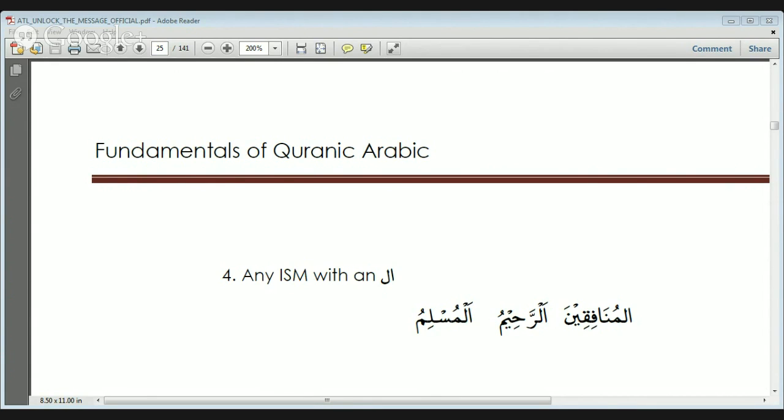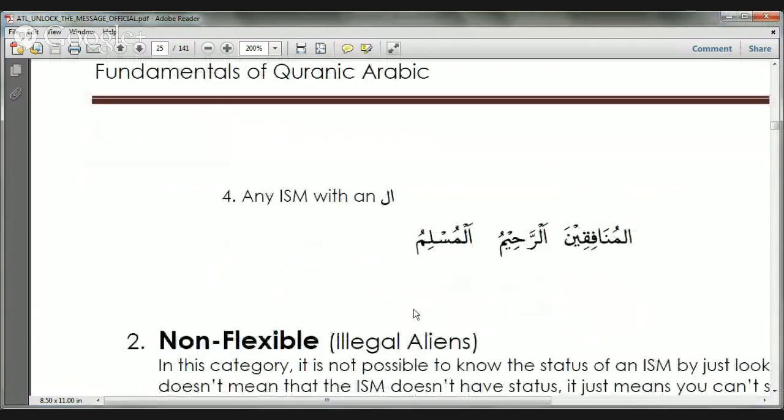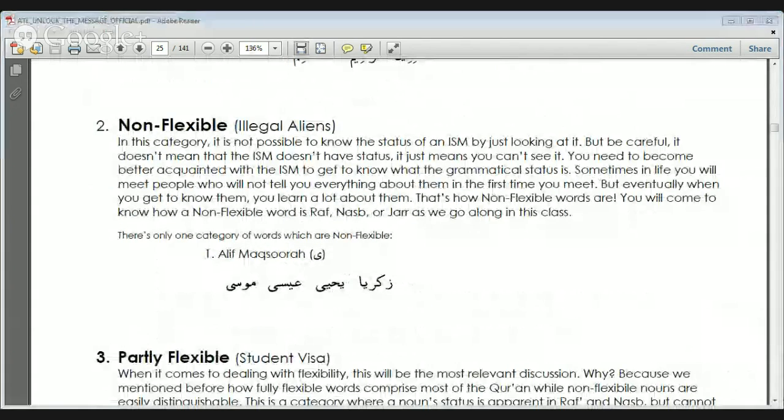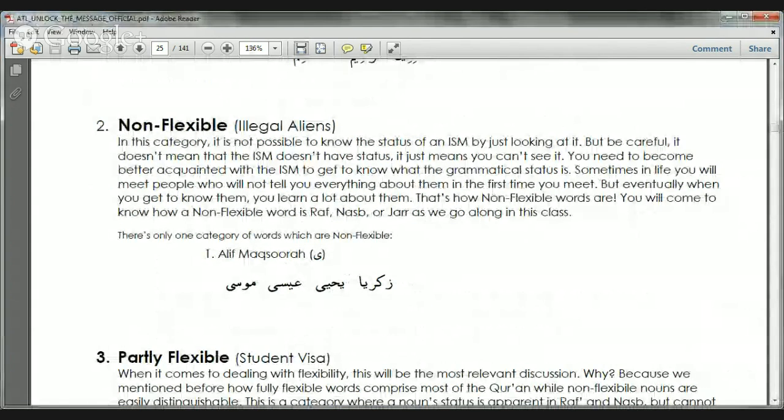They have to do everything under the table, and they're not recognized as citizens of the country. Now, in this category, you don't know basically the status of the ism by just looking at it.